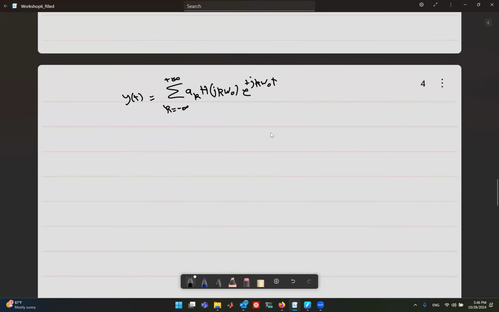So this will be just, let me write it in terms of just A. When we have A0, or k equals 0, we'll have 1 times HJ, and then exponential J k omega naught T. This term is when k equals 0, and then any other k will result in 0.